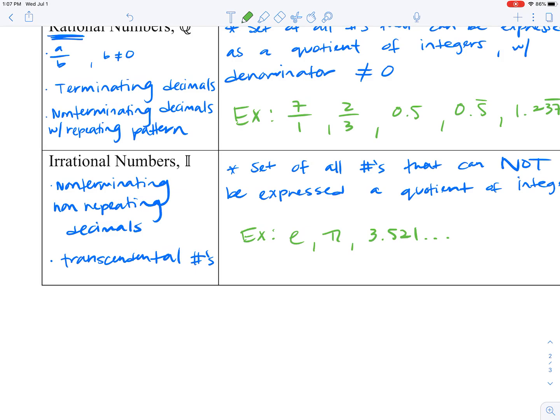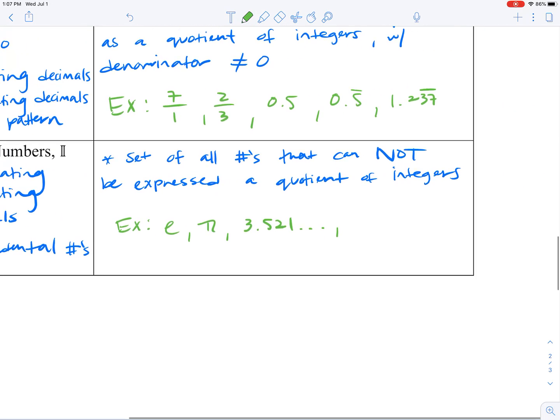Okay, and then also non-terminating, non-repeating decimals, so like 3.521, and then if I put that dot dot dot, it just means that the digits continue on. There's no repeating pattern, so I don't have that line over. There's no way for me to guess what number would come next. If we were to put like the square root of 2 in decimal form, there would be no repeating pattern to the square root of 2.